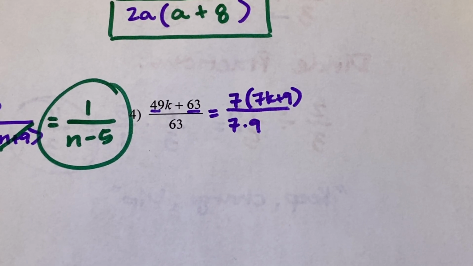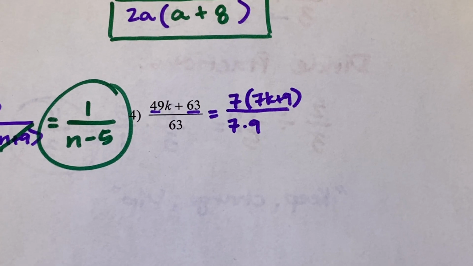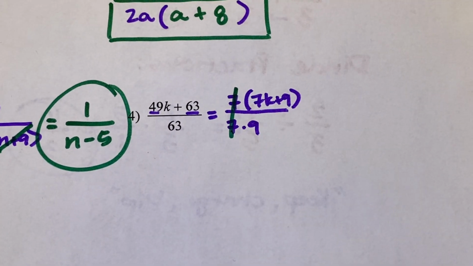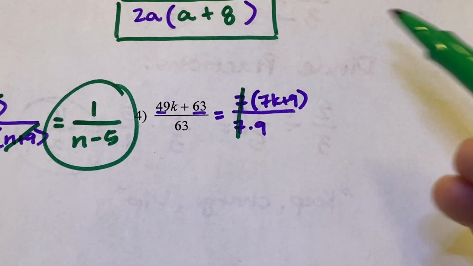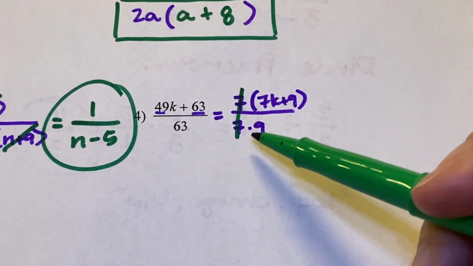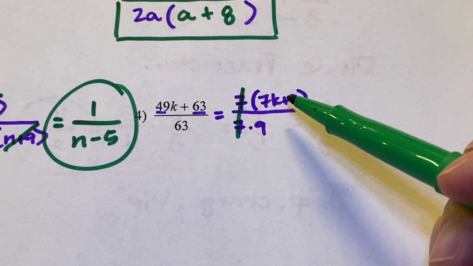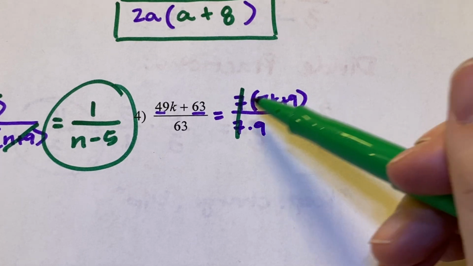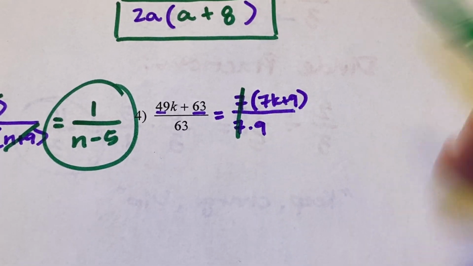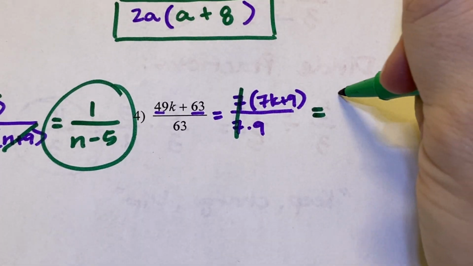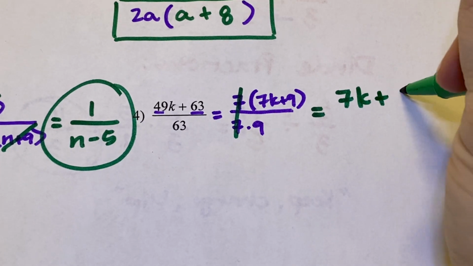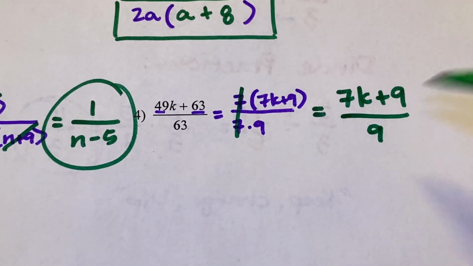The 7s, the 7's on the outside. Wait a second, I see a 9 and a 9. Can I cancel those? No, because this 9 is a piece of that expression, while that 9 is a whole piece. So our final answer is 7K plus 9 over 9.